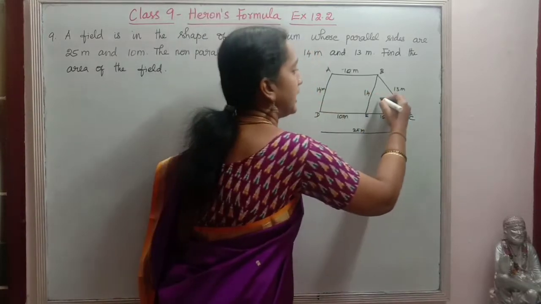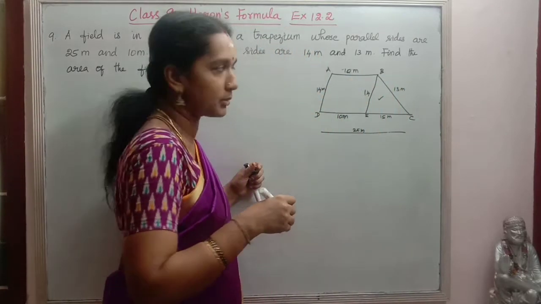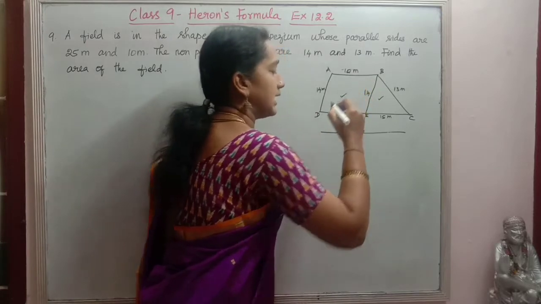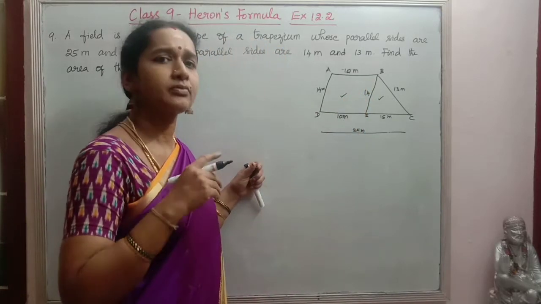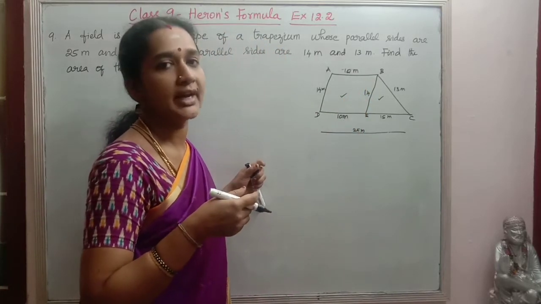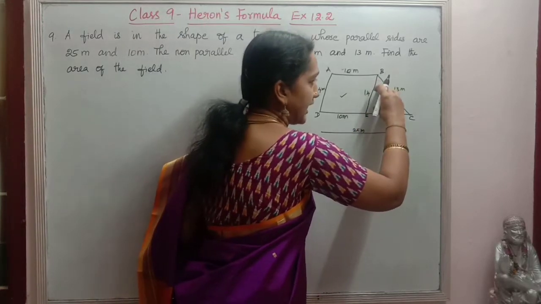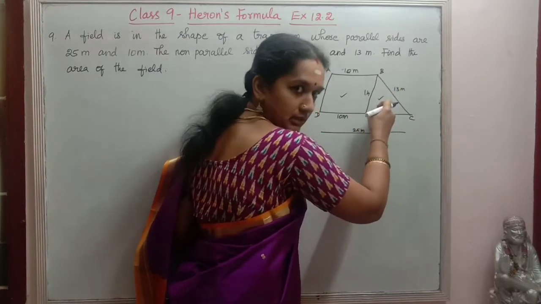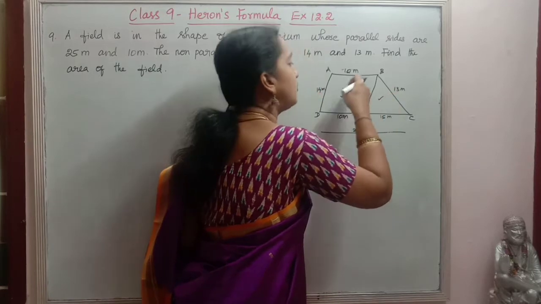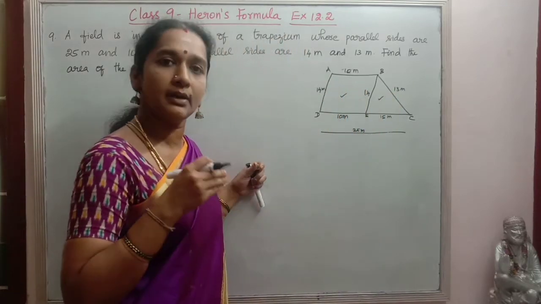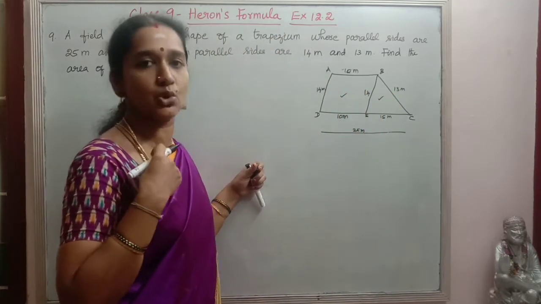We will find the area of the triangle using Heron's formula. ABED is a parallelogram, so its area is base into height. After finding the area of the triangle, we will find the height, and with the help of that height we will find the area of the parallelogram, that is base into height.